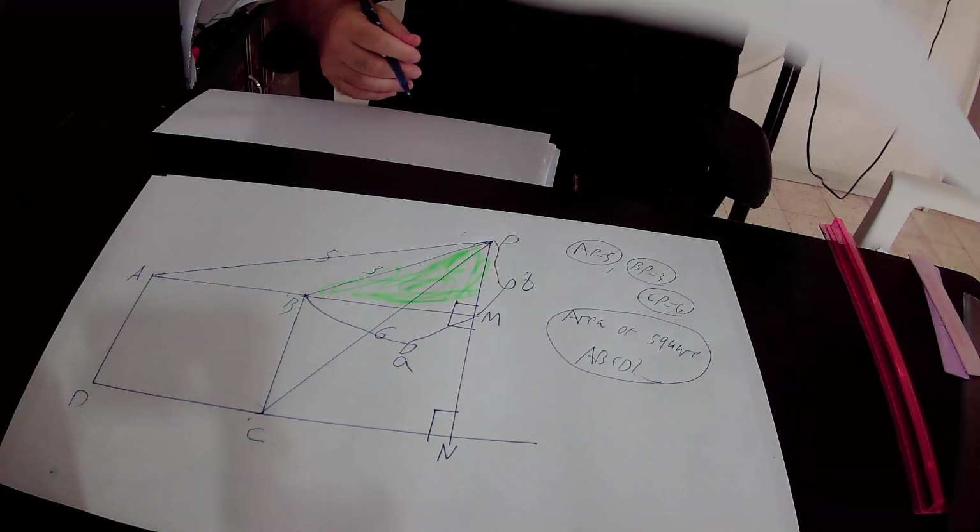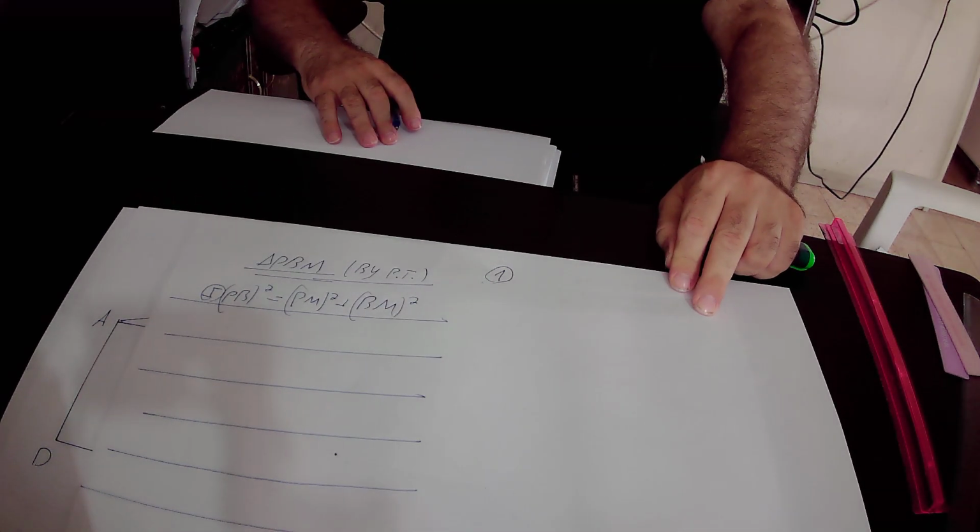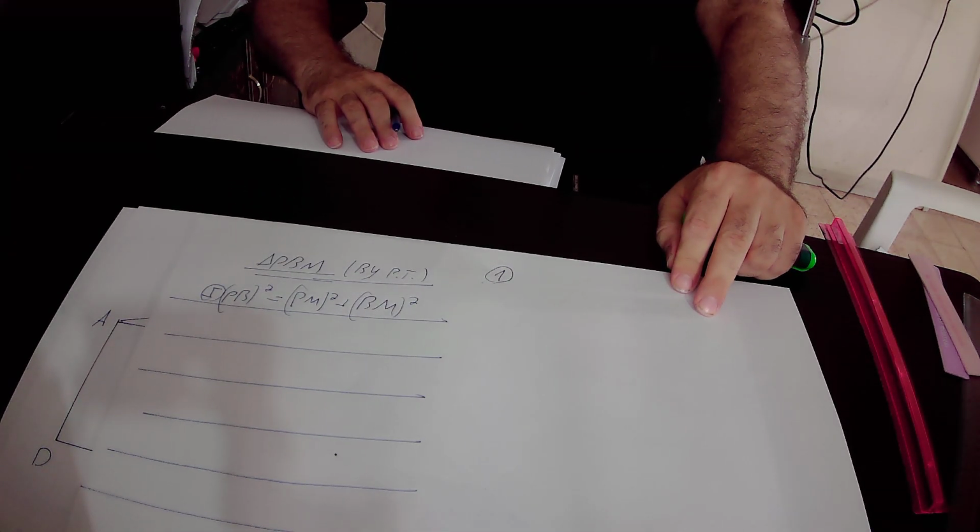I repeat again, in the right triangle PBM, according to the Pythagoras theorem, PB square equals PM square plus BM square.